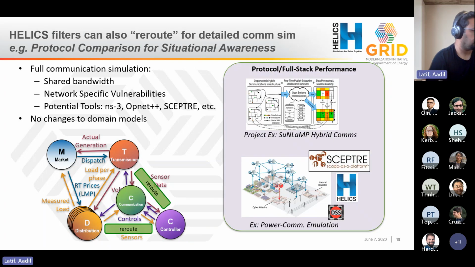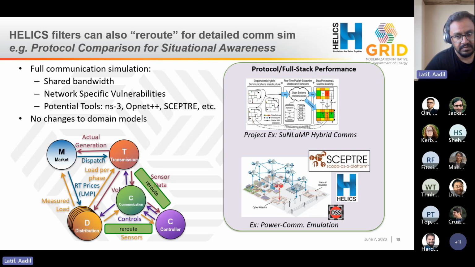What Helix also allows you to do is interface explicitly with a communications federate, right? A communication simulator that can be something like OMNeT++ or Spectre or an NS-3 or OPNET simulation tool of that kind.